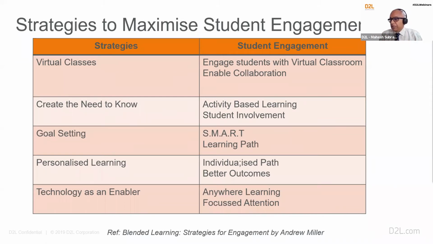Now, in the case of Brightspace, I'm using Brightspace as an example because that's the most familiar learning management system that I know. Brightspace actually allows you to do both competency-based education and outcome-based education.